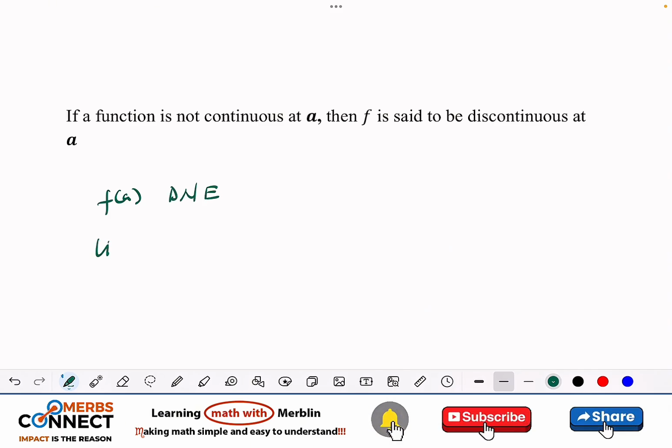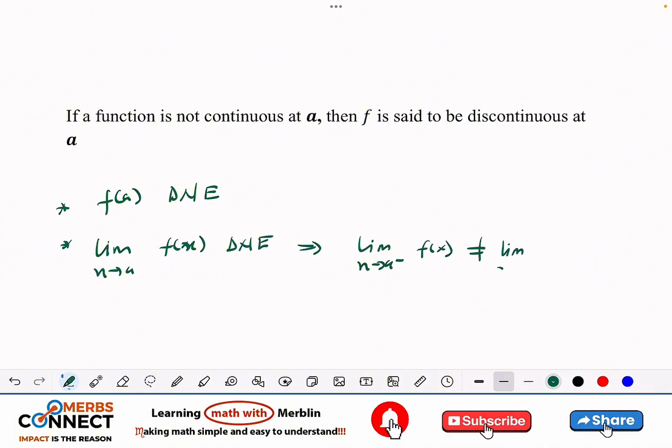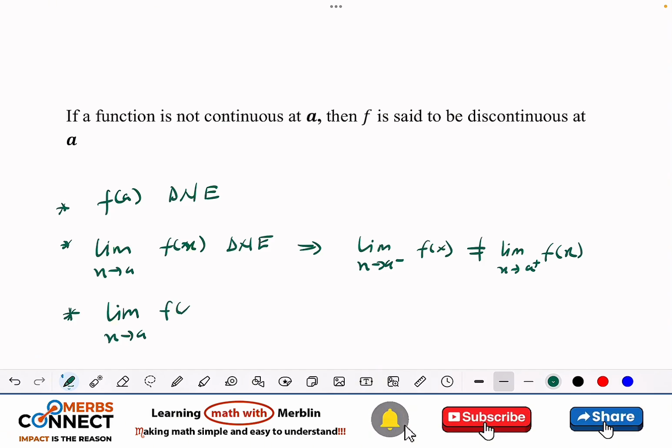And we can talk about the limit as x is approaching a of f of x also does not exist. This might imply that the limit as x is approaching a from the left of f of x is not the same as the limit as x is approaching a of f of x from the positive side. And then another one that can also happen is the first one can be true, the second one can be true, but they are not the same.